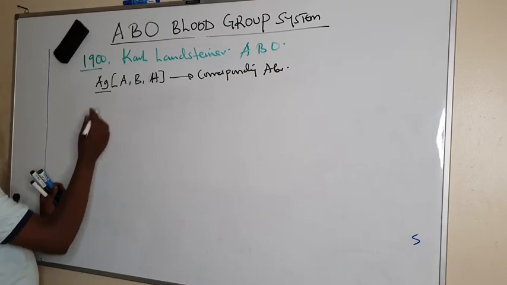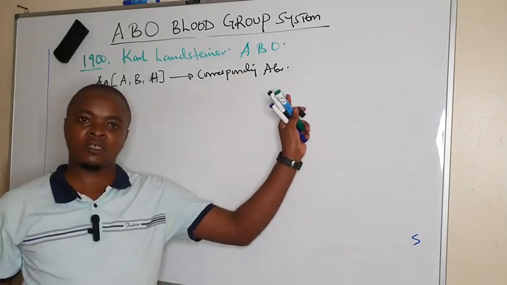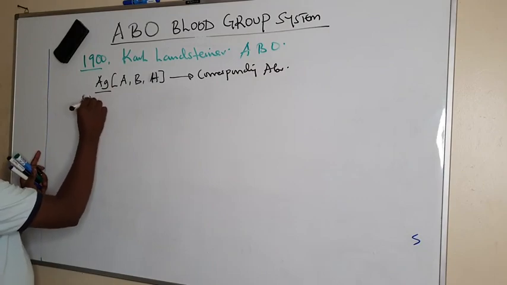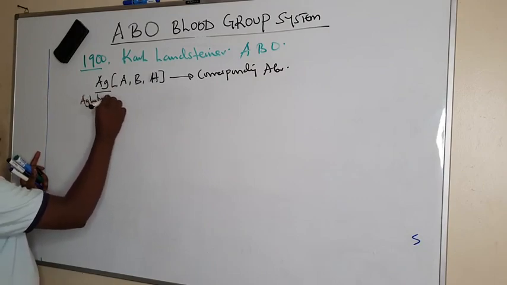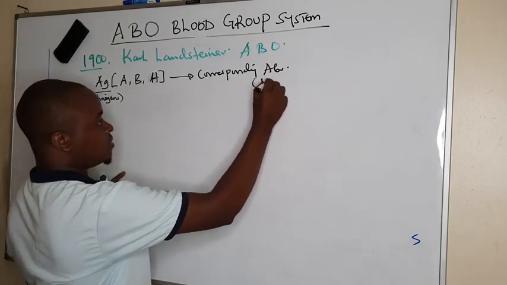So antigens are sometimes known as agglutinogens, whereas antibodies are called agglutinins.